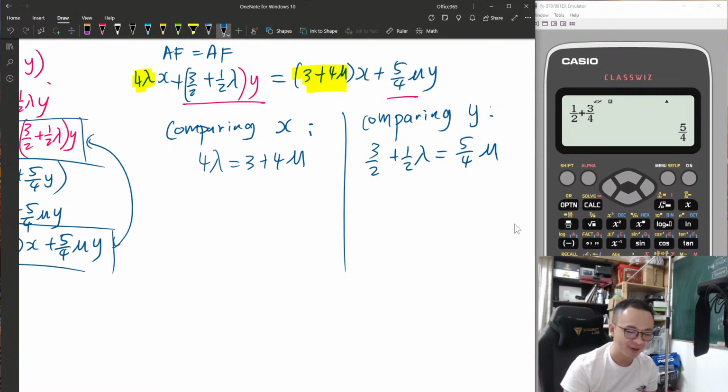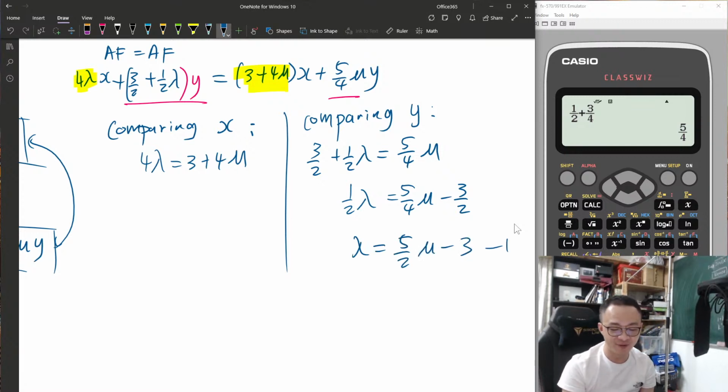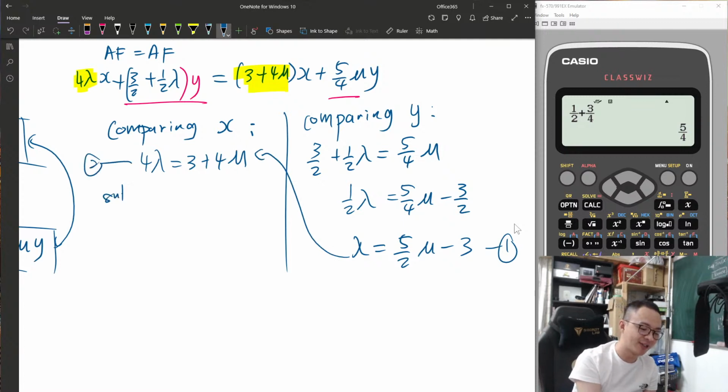Never mind. I throw everything to the other side and make lambda the subject, then substitute again and solve it. Minus 3 over 2, so lambda equals 5 over 2 mu minus 3. Then I sub equation 1 into equation 2. So 4 times (5 over 2 mu minus 3).